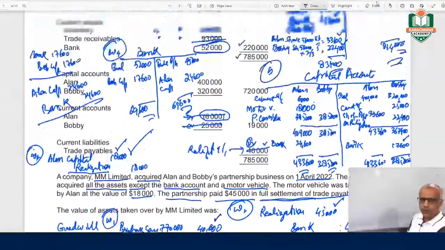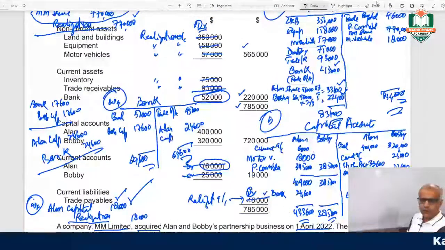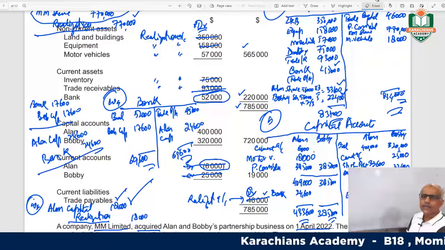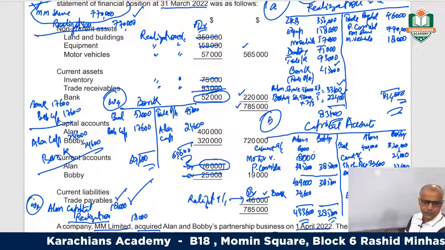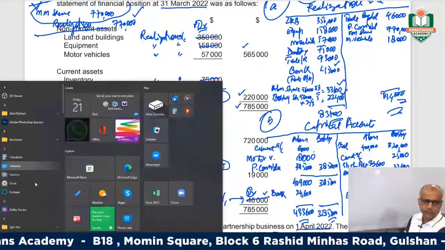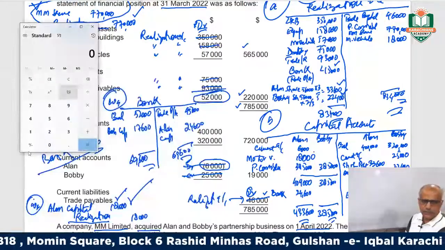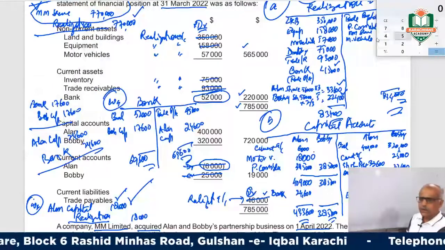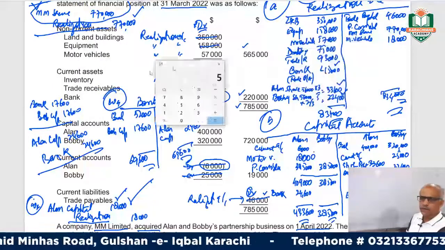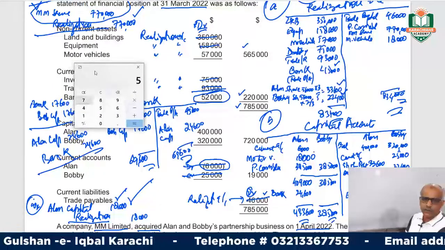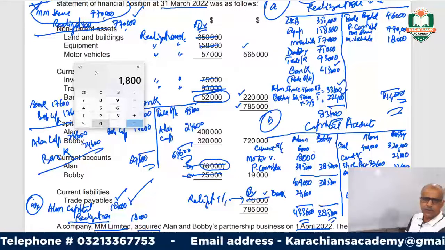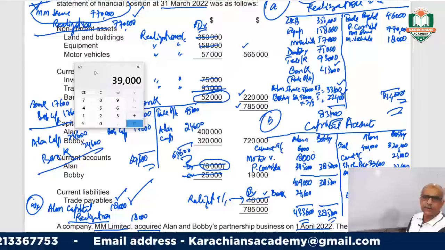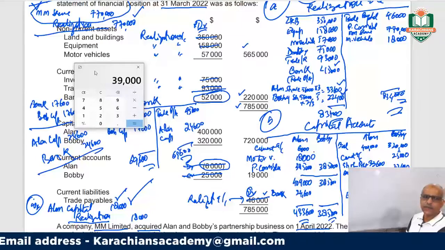There was a vehicle of 57,000, of which 18,000 was taken over by Allen, and there was 39,000 of the vehicle remaining.